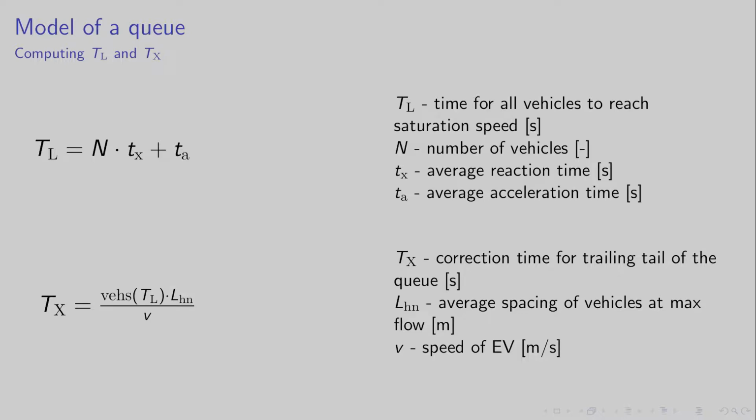Combining this with the dependence of the flow on time, we can approximate how many vehicles are still in front of the stop line and what is the distance of the last vehicle to the stop line. This allows us to compute the x. Computation of these parameters is described in the paper.